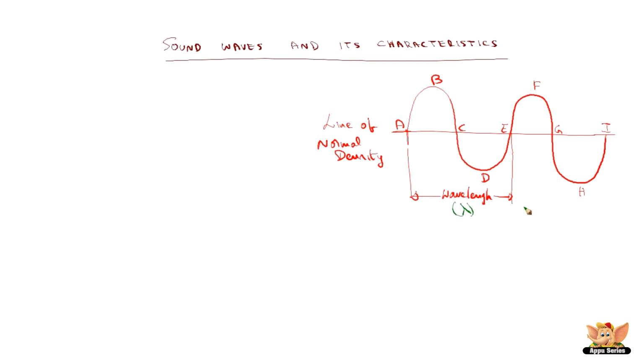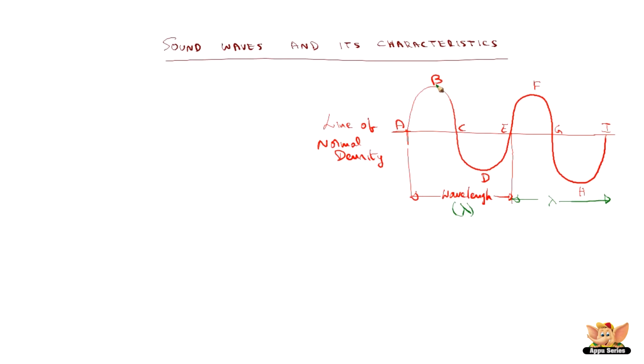So the other wavelength that we can think of is this compression and adjacent rarefaction, which is also a lambda. One more way of seeing wavelength in a longitudinal wave is the distance between two consecutive compressions or the distance between two consecutive rarefactions.